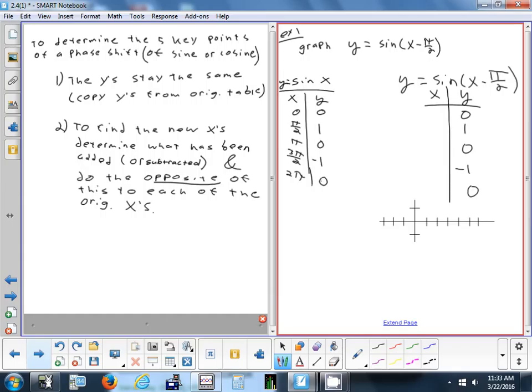On a test, the way I grade that is I give you 1 point for each x and y value you get right in the table. So you'd get 5 points just for copying those numbers right. Any questions why the y values are staying the same?